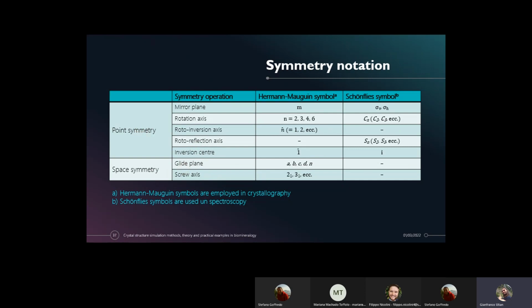From the crystallographic point of view, we consider the Hermann-Mauguin symbols, those in this column here. Schoenflies symbols, those listed here, are important for spectroscopy; they're used in different kinds of spectroscopies.